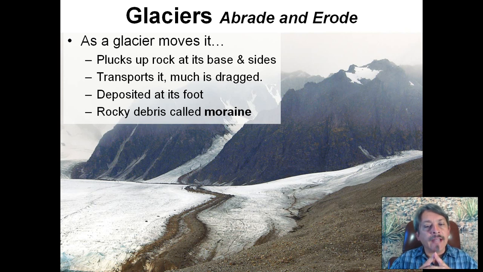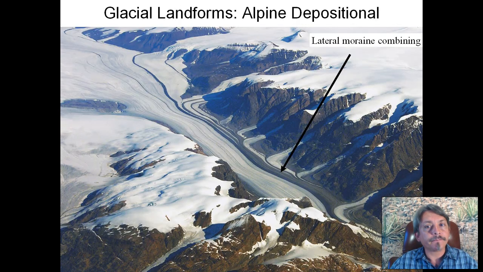The gravels, the line of gravels that you have been seeing, are called moraine. They're rocky debris. They're deposited at the foot of glaciers. They are transported, and much of it is dragged along, and further plucking and quarrying is occurring as the glacier moves along. Glaciers are rather abrasive, so they're carving out the landscape and abrading it and eroding it.